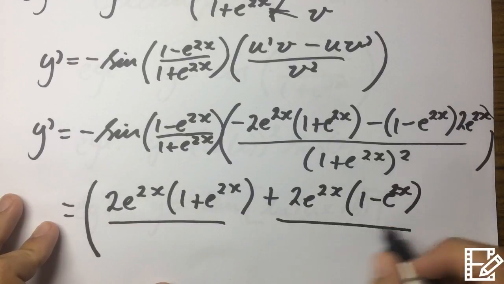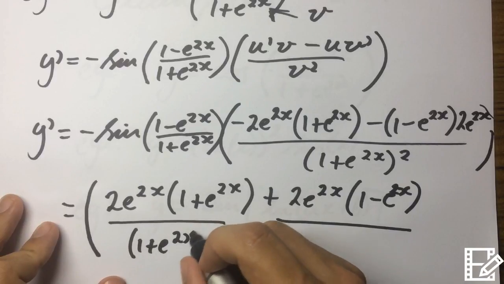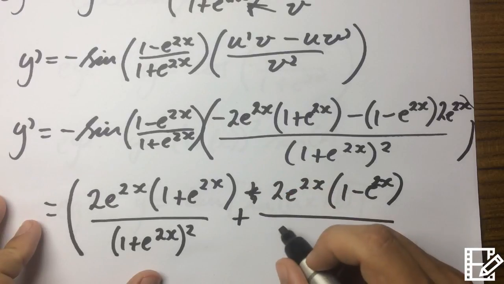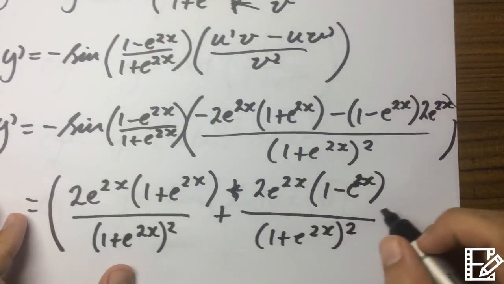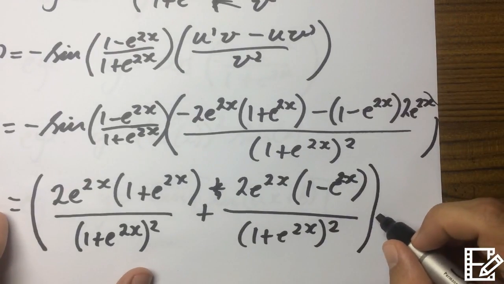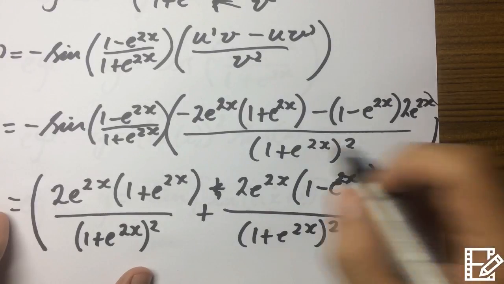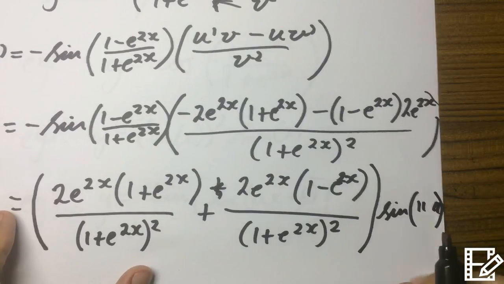And I'm going to split the fraction while I'm at it. And that is all multiplied by the sine of the stuff in the brackets here. I haven't got much room, so I'm just going to do a dash.